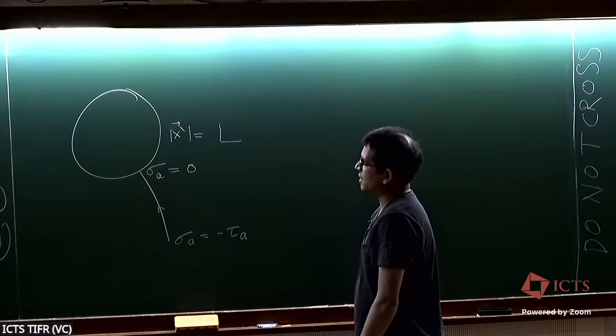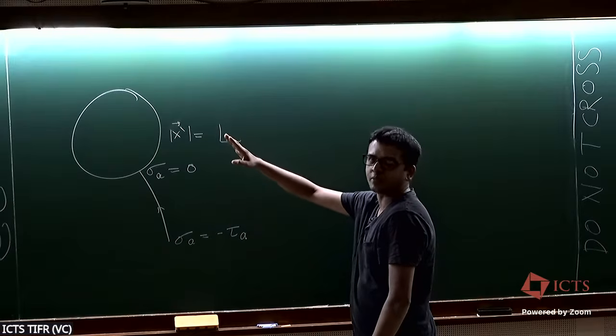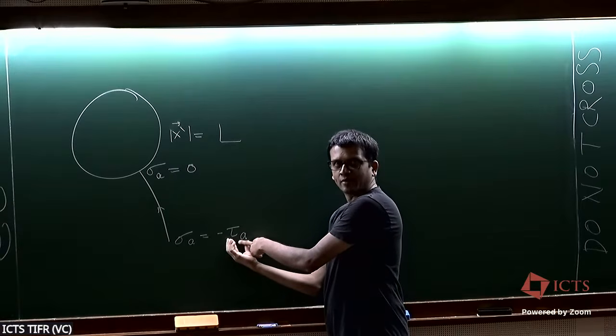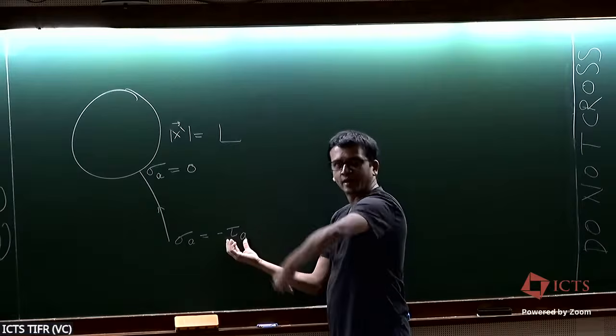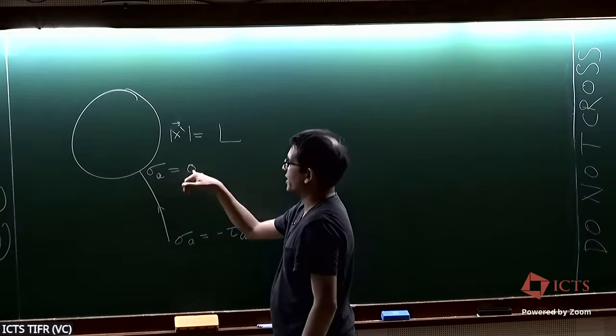Now you may think that this is true for incoming particles, but what about outgoing particles? Because here tau is effectively infinity. So we are saying that the incoming objects come from minus infinity, and they hit this domain at proper time equal to 0.